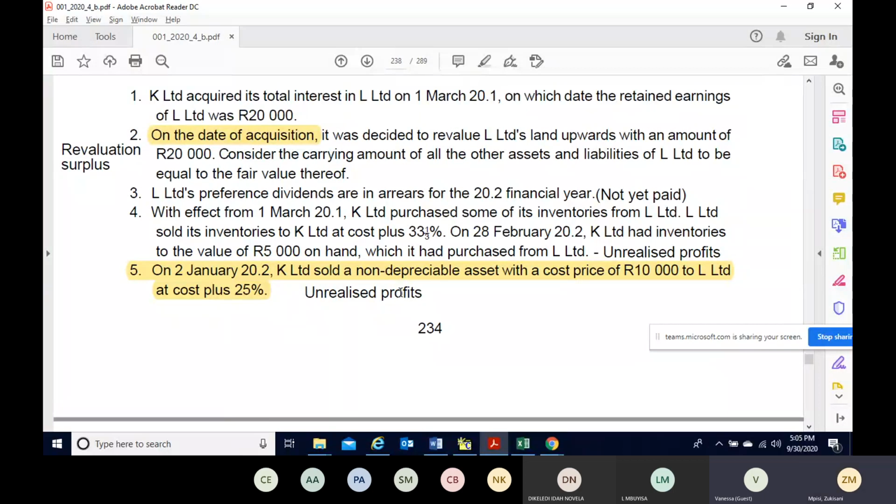But why don't you use 10,000 times 25 divided by 125 as the formula, like you do in inventory?